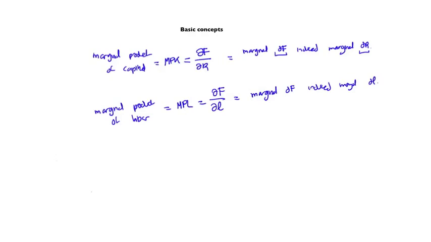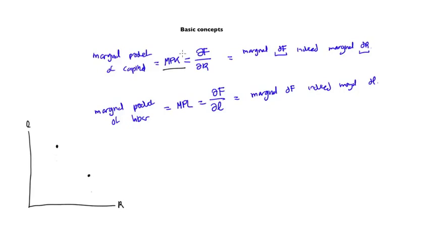Now please notice that the marginal product of capital and the marginal product of labor are always evaluated at a particular point in the production space. So for example, you may evaluate it at this combination of capital and labor, or you may evaluate it there. And the value of the marginal product of capital and the marginal product of labor may be different at these two points. In particular, notice that the marginal product of capital may be affected by the amount of labor that you are using, and vice versa.